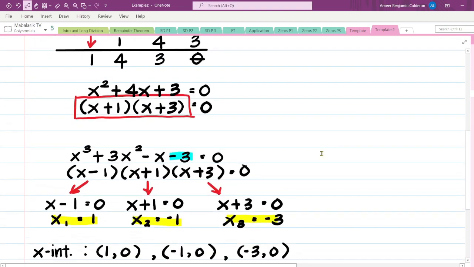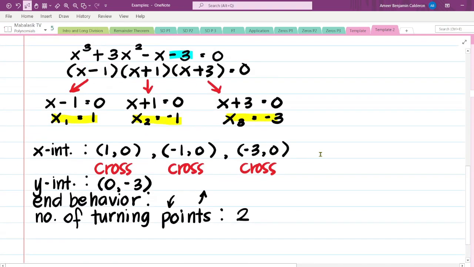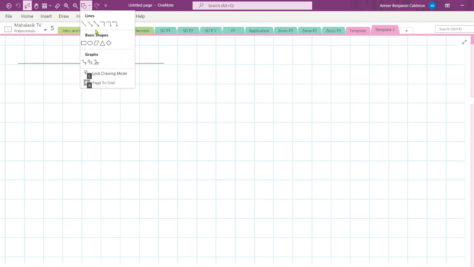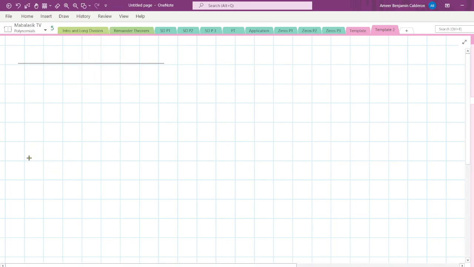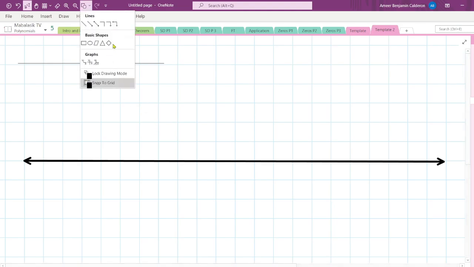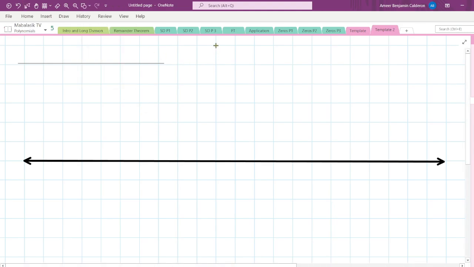So it would be easier for us to identify the midpoint between x-intercepts if we graph them now. So let us now go to our Cartesian plane and have our axis. So this will be our x, and this will be our y.